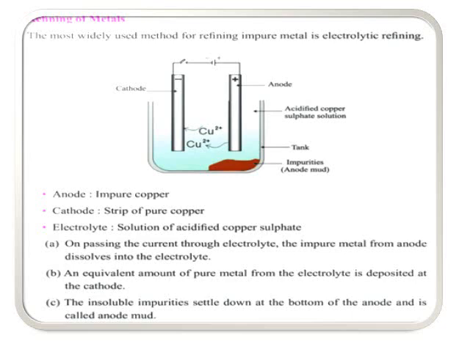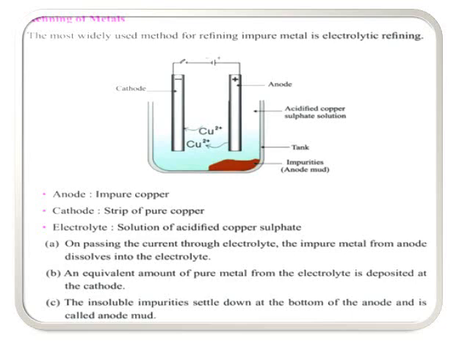The electrolytic refining is explained in this slide. Many metals like copper, zinc, nickel, silver, gold are refined by this process called electrolytic refining.